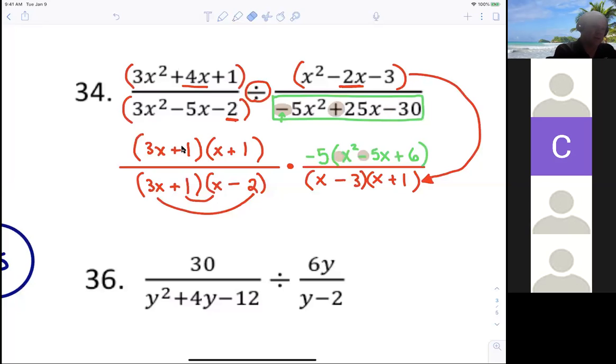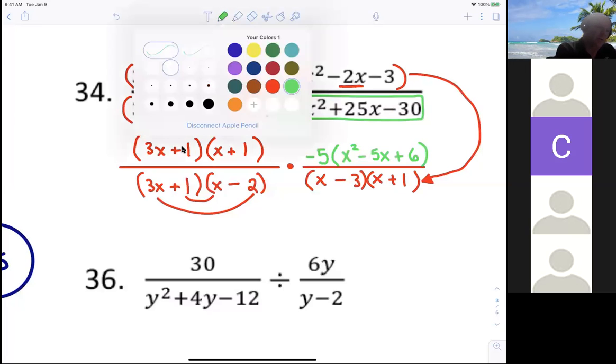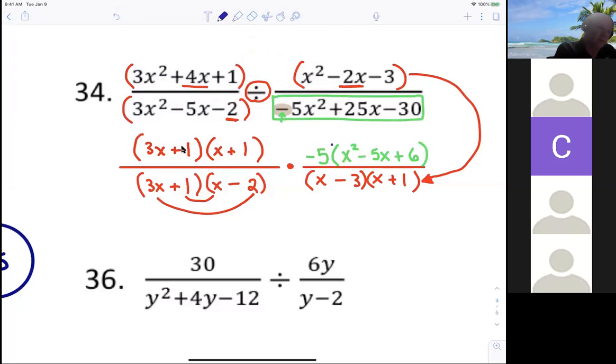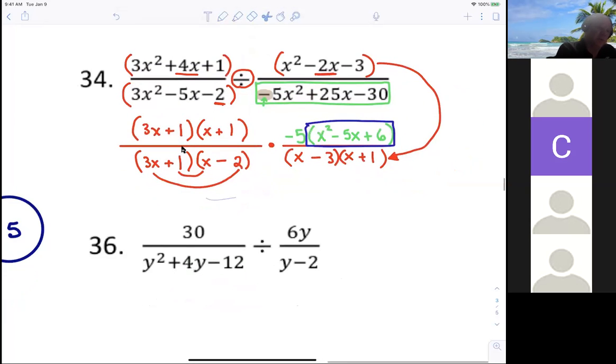Now, the next hard thing is understanding this, guys. I'm going to change colors here. This right here, this can now factor again. All right, so I want everybody to take note of that. I have to factor that. So what I'm going to do is lower this down a little bit.